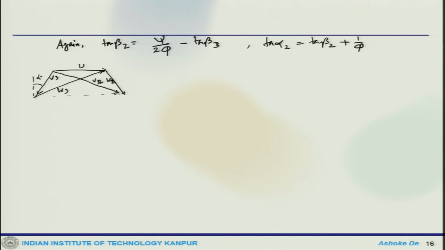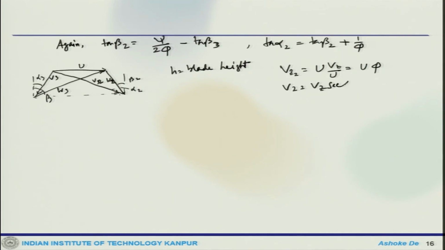So, this is alpha 3, beta 3, beta 2, alpha 2, and H is the blade height. Now, what we write here: Vz2 is U Vz by U, that is U phi, and V2 equals Vz sec alpha 2.